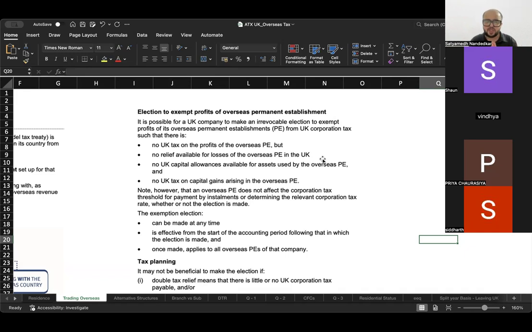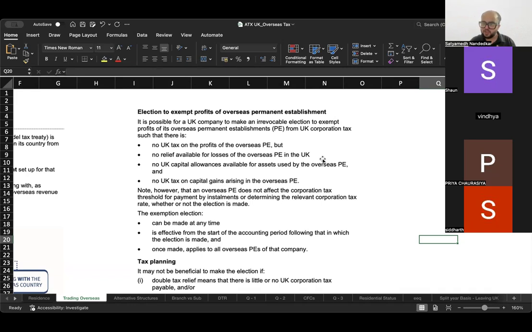Now, UK tax provisions give you the permission to elect to exempt the profits of an overseas establishment. Suppose I have one branch in Italy, one branch in South Africa, one branch in Australia. Now I can make an election, which by the way is an irrevocable election, which means once made, it cannot be reversed again.